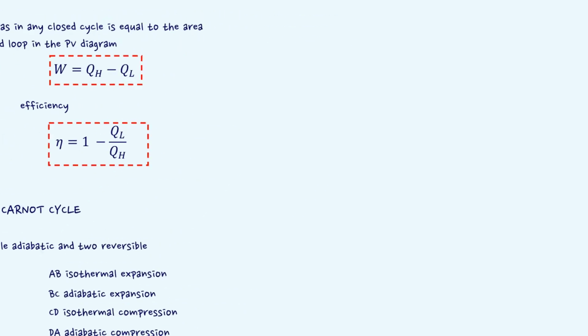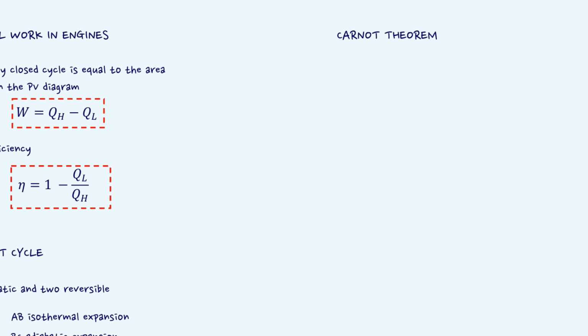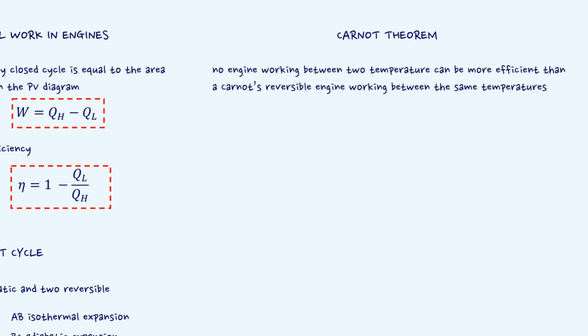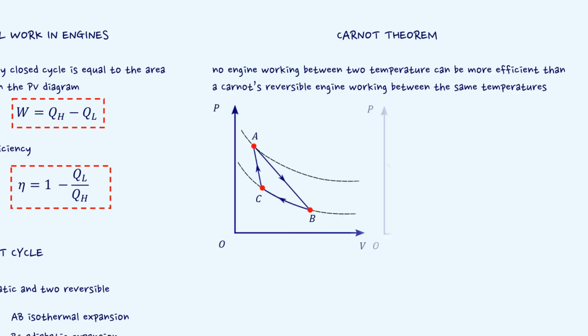The Carnot cycle is the most efficient cycle of all reversible cycles operating between two fixed temperatures. No engine working between two temperatures can be more efficient than a Carnot reversible engine working between the same temperatures. Consider the cycle shown in the following figure.